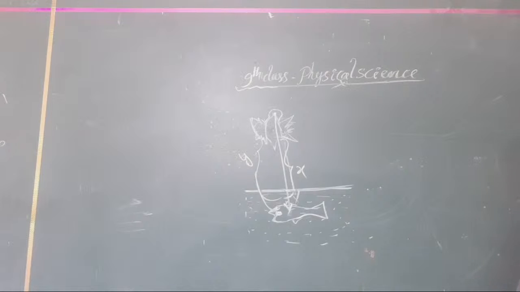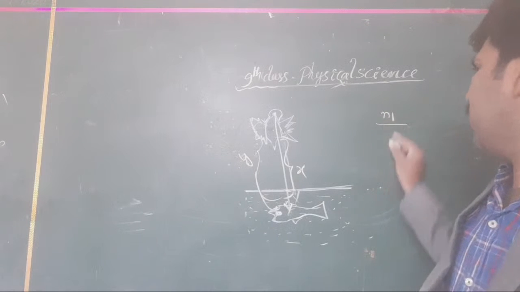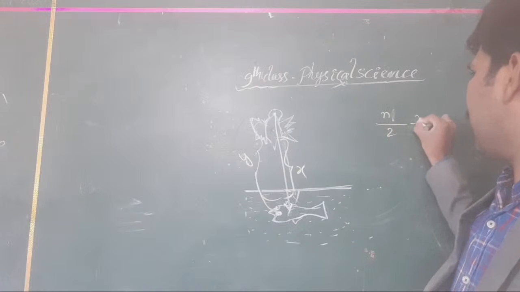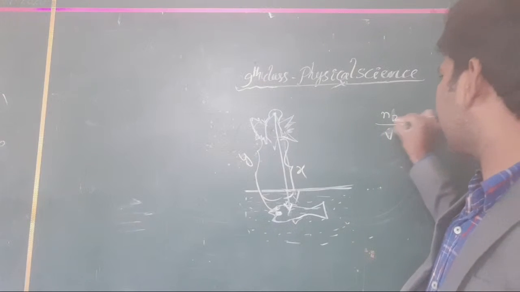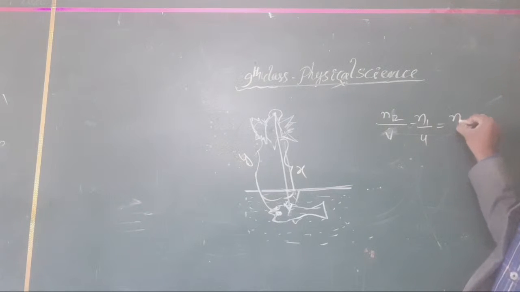You know very well about this. We have one formula: n2 by v minus n1 by u is equal to n2 minus n1 by r.